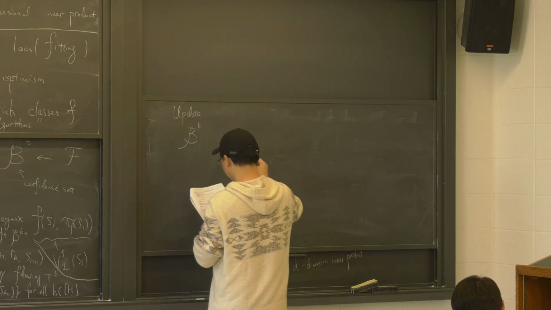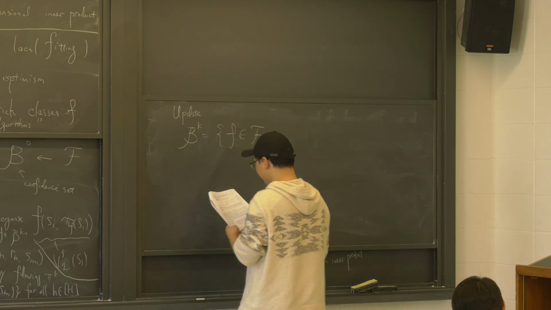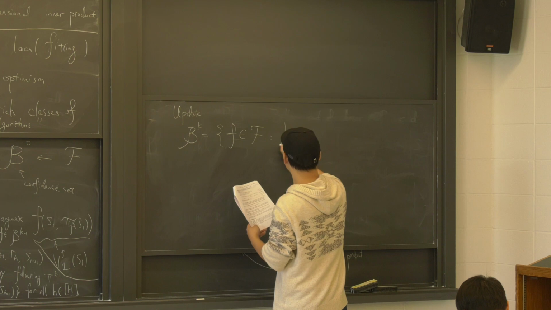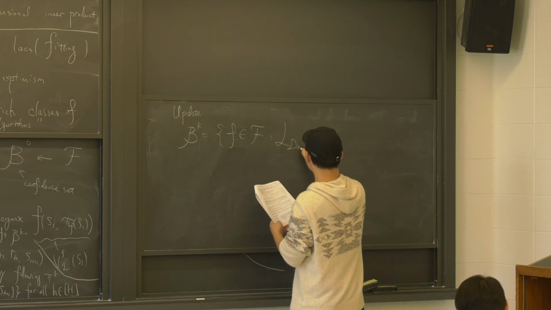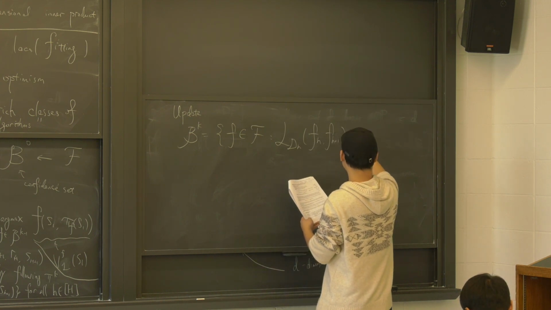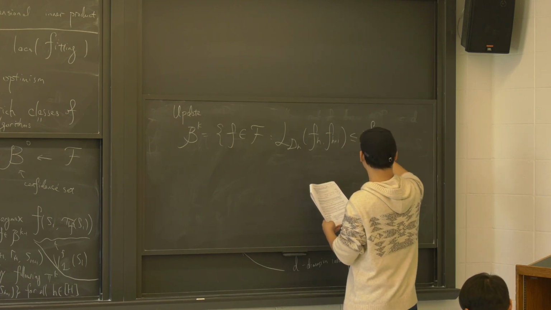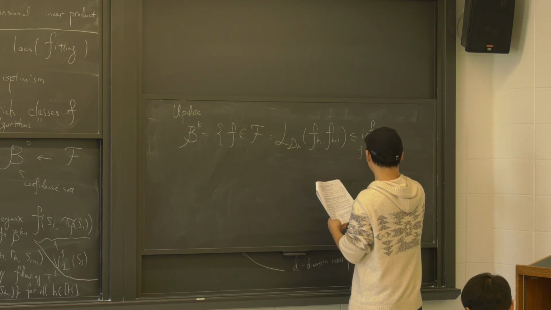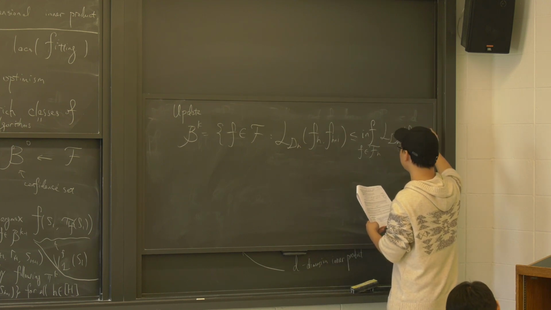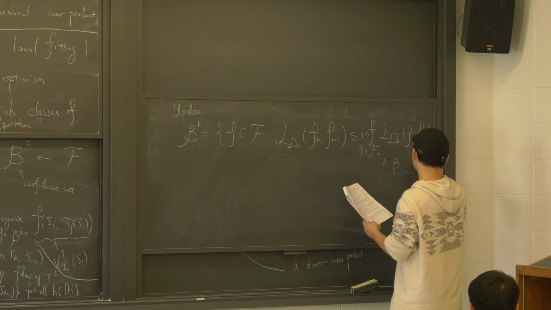Our confidence set will be all the value functions f within the function class such that the Bellman residual L_D,h(f_h, f_h+1) is less than or equal to the smallest loss, the infimum over f in F_h of L_D,h(f, f_h+1), plus beta, for all h.